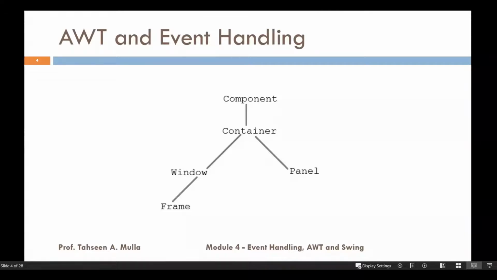Frame has two different constructors. One is the default constructor and one takes one parameter, which is the title. So if I want to give a title for my frame, I can use it. There are two different ways I can create a frame: first, by instantiating the Frame class itself, and second, by extending the Frame class.